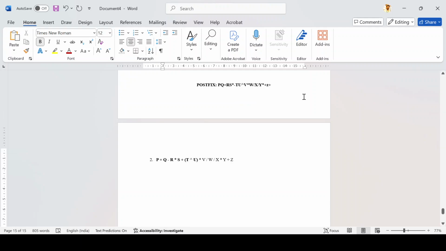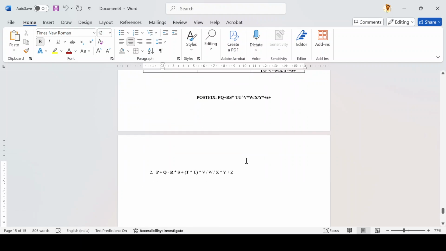The same expression has been taken, which we used for the infix to postfix. Whenever we go for a prefix expression, whatever expression they have given, you should reverse it.